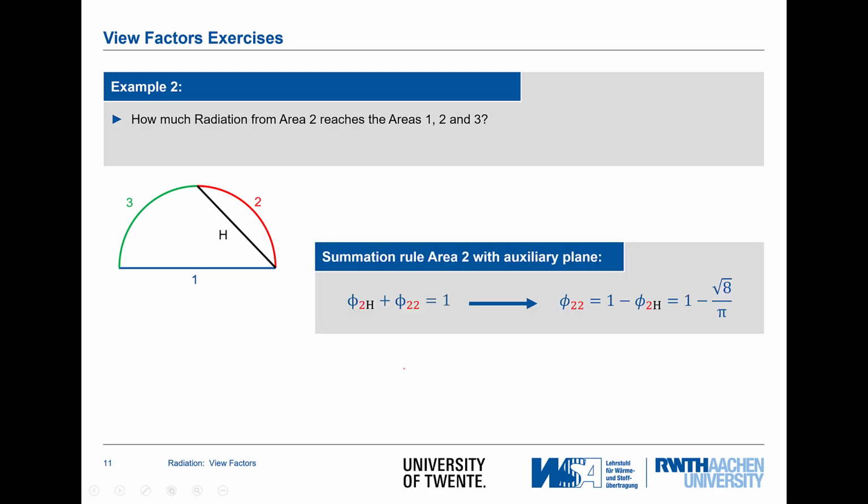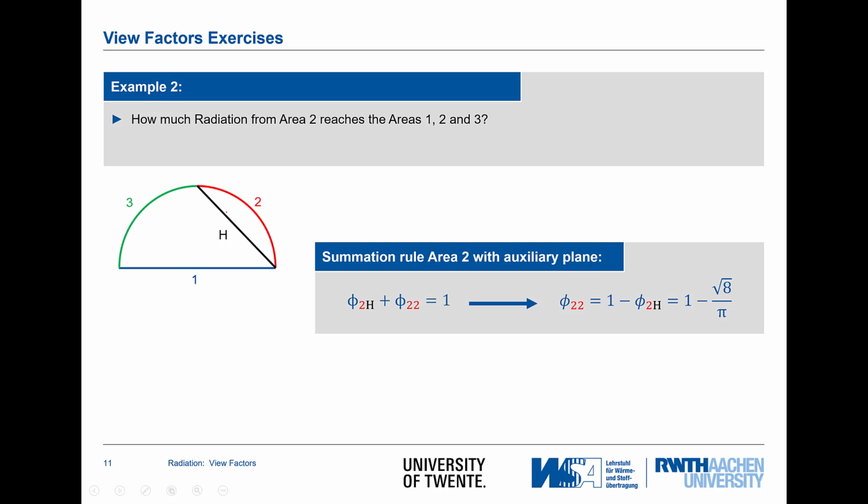Now we have to do the summation rule for 2 with the auxiliary plane. Phi 2 to h plus phi 2 to 2 is 1. And now this one I just determined, I can calculate phi 2 to 2, the self-hitting view factor. So this is 1 minus phi 2 to h, and this is 1 minus square root 8 over pi.